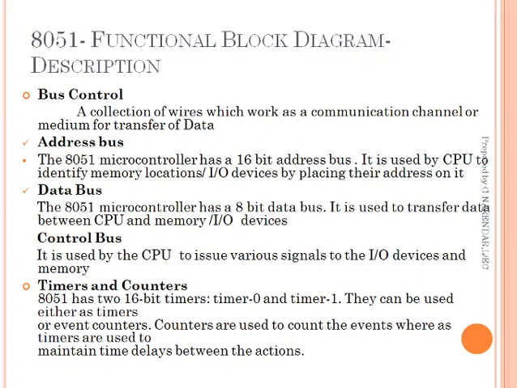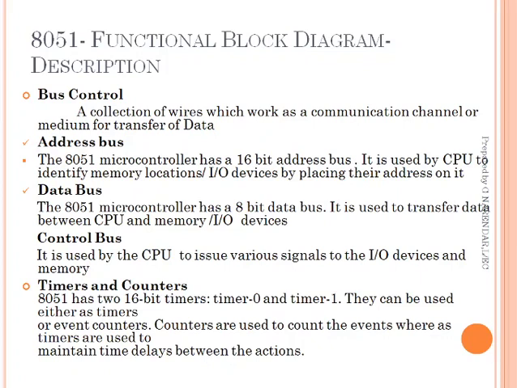In a similar way, when the CPU wants to connect to a memory location or an input output device, it does so by allocating different addresses to all these memory locations and input output devices. To identify a particular memory location or IO device, its address is to be placed on this address bus.